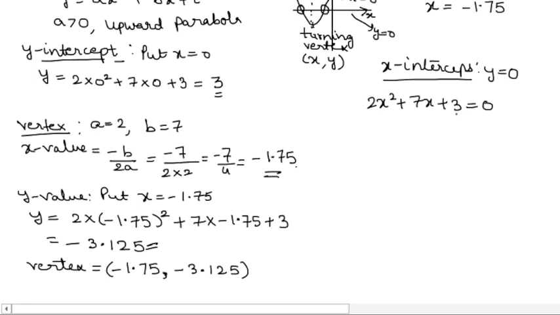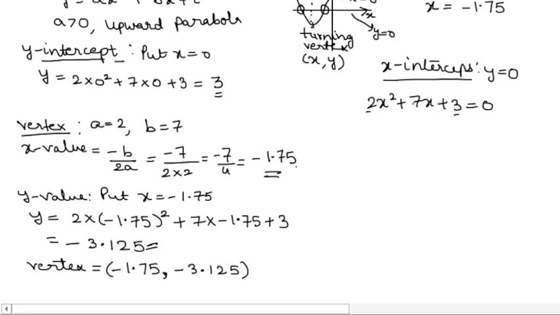This is a quadratic equation and we need to solve it for x. This can be solved by any method of your choice. So let's see if we can factorize it. Look at the product of the quadratic term and the constant term. So the product is 6 and the middle term is 7.